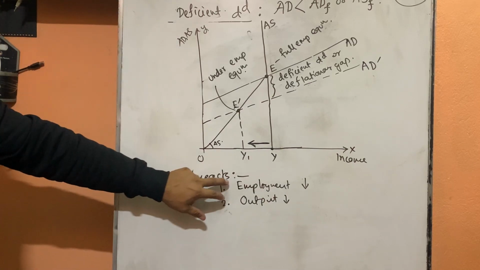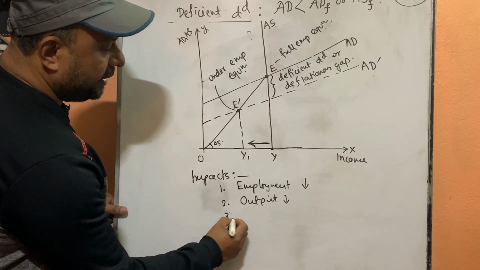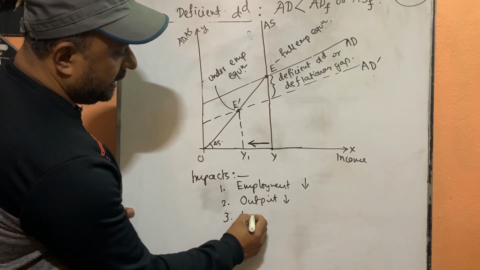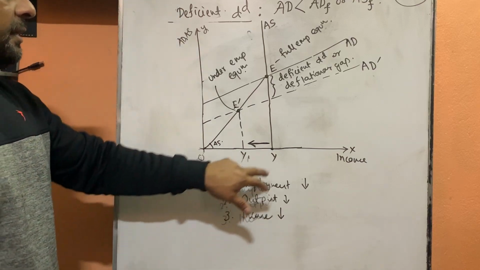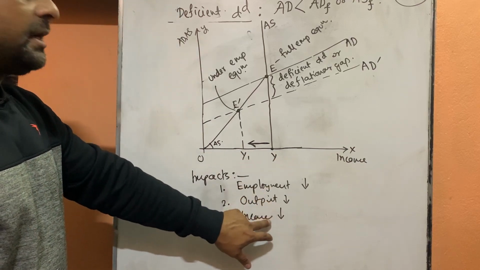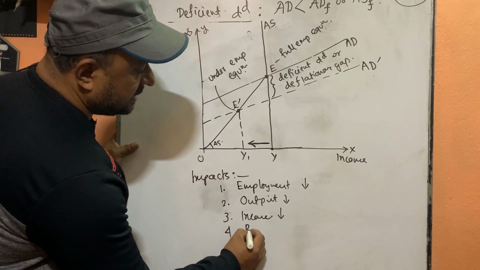If employment reduces, the income of the whole economy will reduce, because in the multiplier we learned that due to a fall in investment, output, income, everything reduced. So finally, pressure comes on the price level.